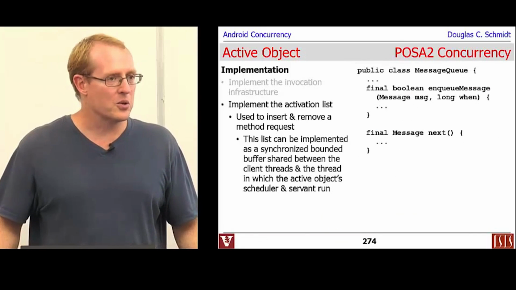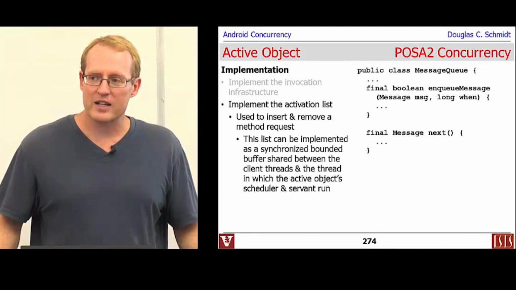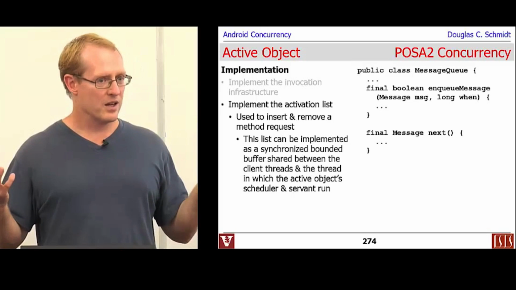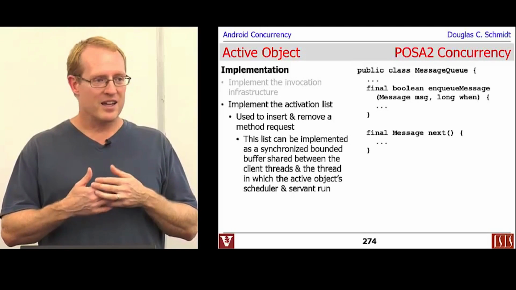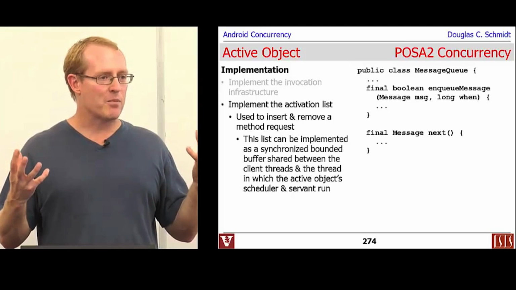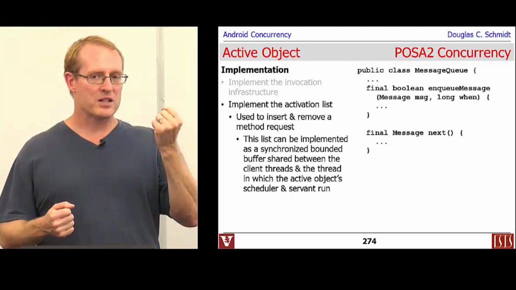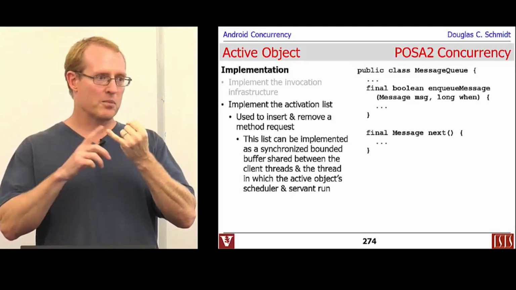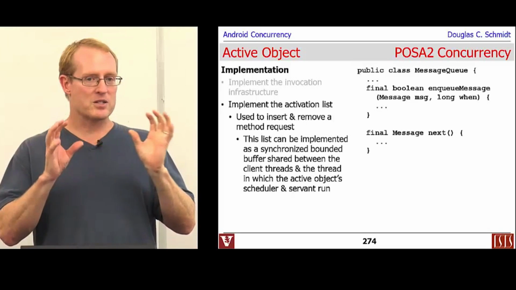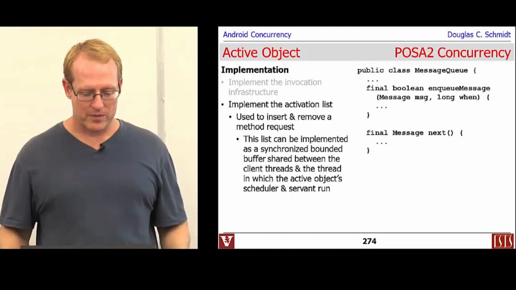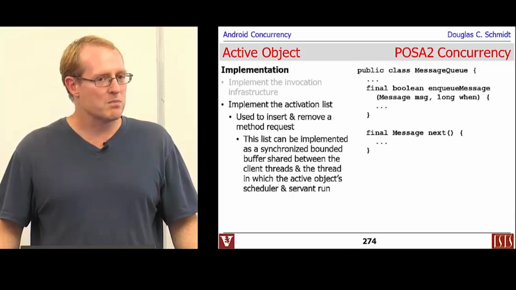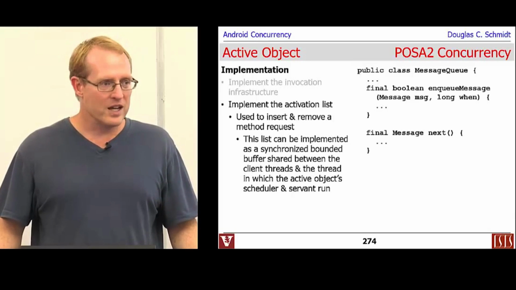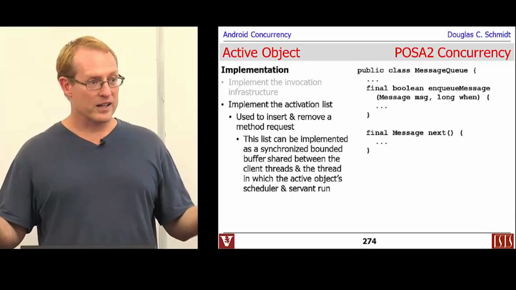Okay, the next thing you need to do is implement the activation list. The activation list is the thing that keeps track of these method requests, which, remember, a method request is an objectification of a method call. It stores the parameters and other information necessary to identify what method was invoked. So you need some way to insert and remove these method requests into some kind of data structure, which in the pattern nomenclature is called an activation list.